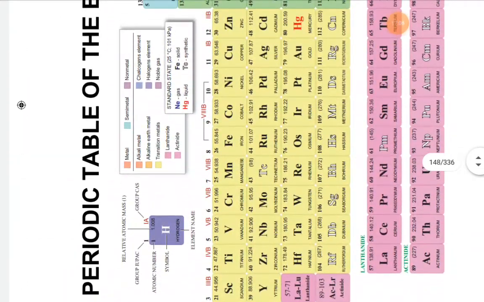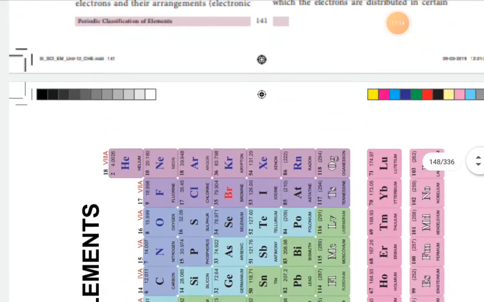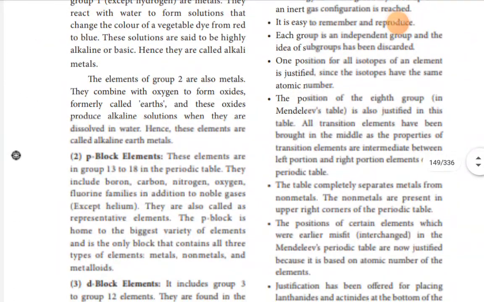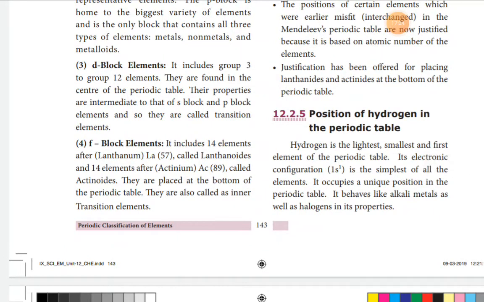For example, lanthanum, cerium, praseodymium, like that, actinium, thorium, up to lutetium and lawrencium. So these 14 elements are kept below the modern periodic table because of their similar properties. They are also called inner transition elements because they should be included in the transition group, the intermediate group of the D block between 3 to 12. That's why they are called inner transition elements.